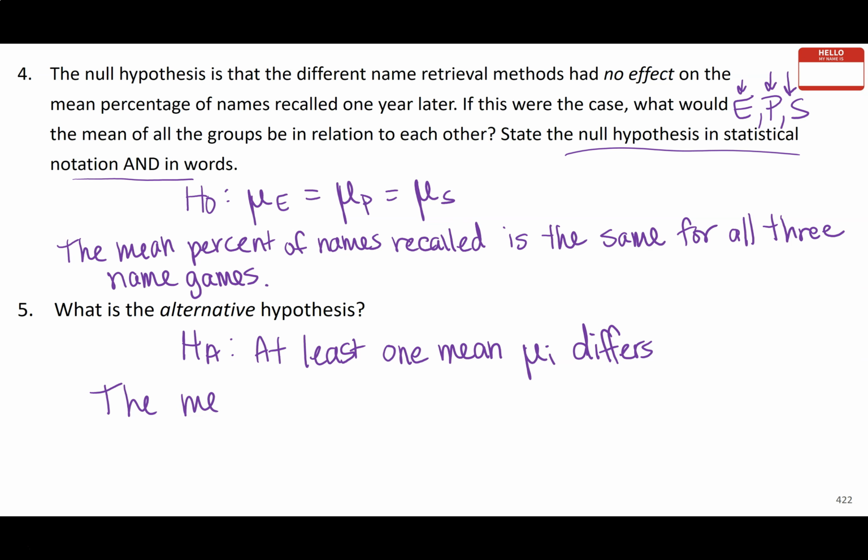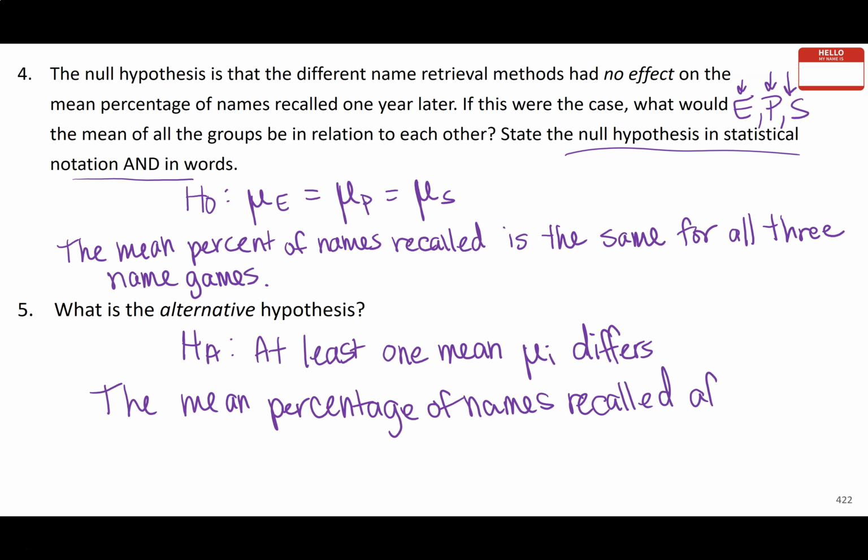So the mean percentage of names recalled after 1 year differs for at least one of the 3 games.